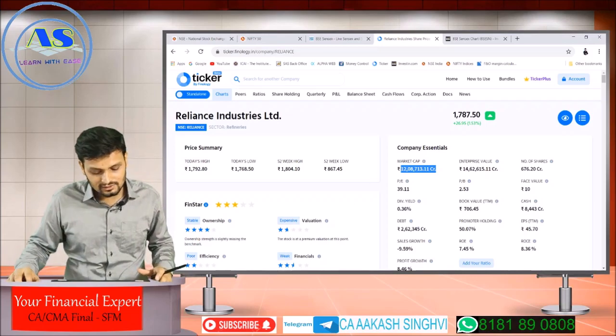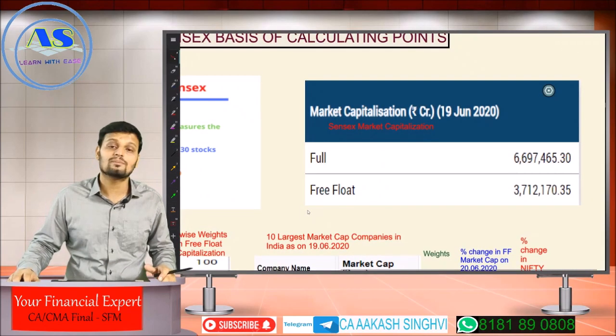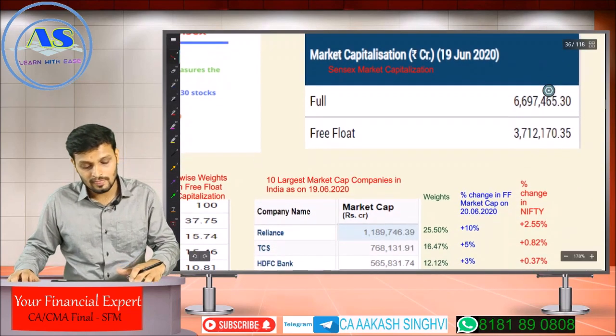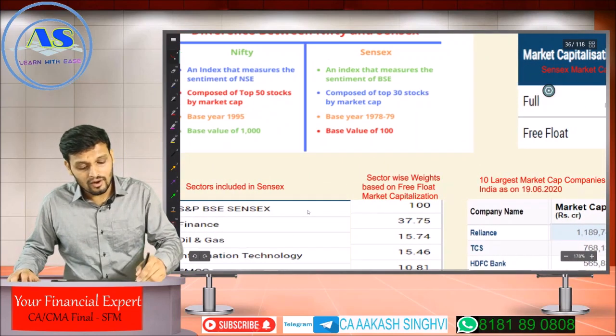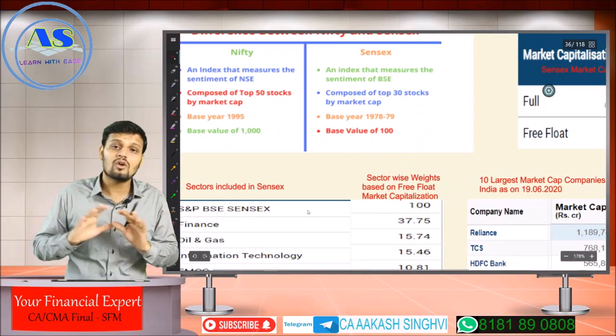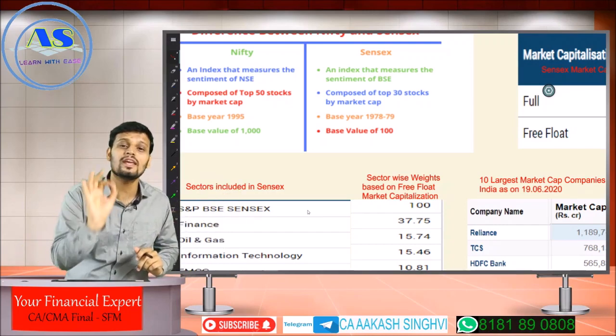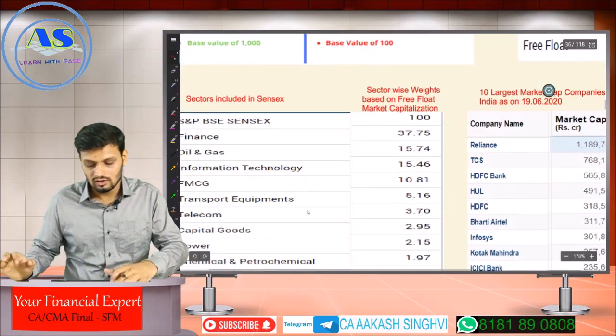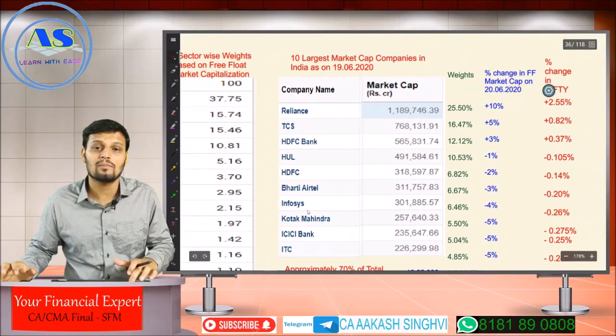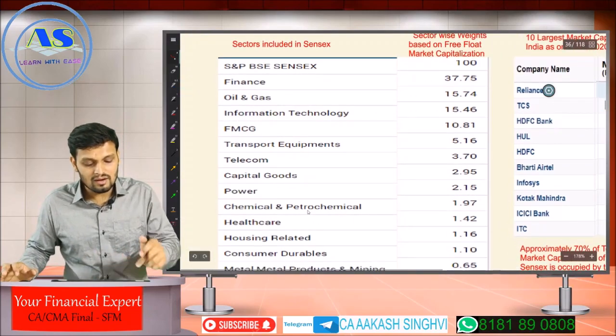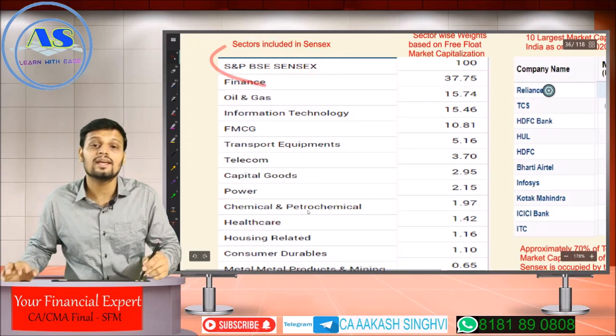Now, why is this free float market capitalization relevant for our calculation? Basically, whenever the Nifty points go up or down, it is not on the basis of the total market capitalization, it is on the basis of free float market capitalization. So I have just tried to take an example here. There is one more example where I've tried to give you the sector weightage in Sensex.